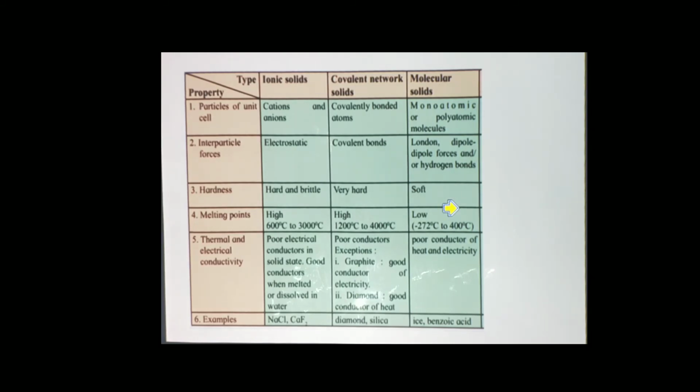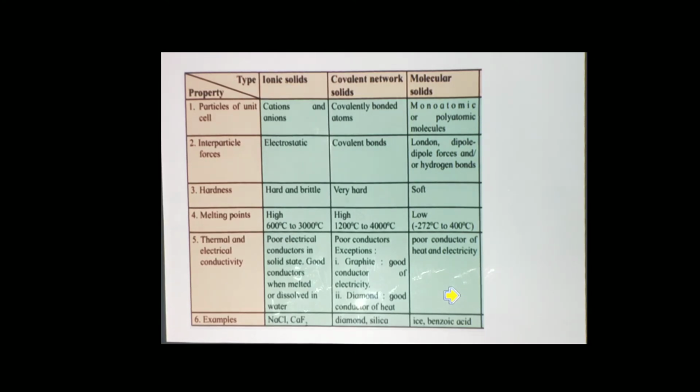So it results in their lower melting point also, which ranges from minus 272 degrees Celsius to about 400 degrees Celsius. These are poor conductors of heat and electricity, and examples of such molecular solids are ice, benzoic acid, ammonia, HCl, Cl2, H2, O2, etc.